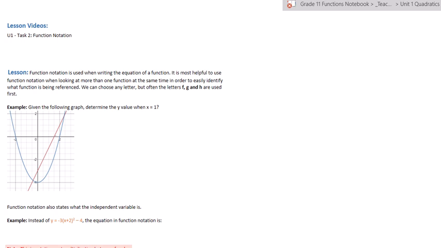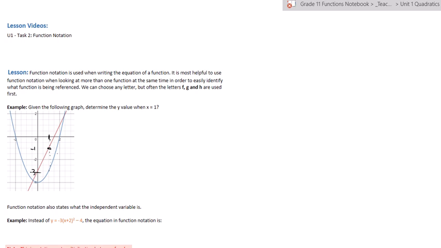Now when x is equal to 1, it appears that on our linear function, y is equal to -1, and on our quadratic function, y is equal to -3. Now we want to efficiently say that these functions are equal to these values, and we want to do it in such a way that it's quick to identify, and we do that by labeling.